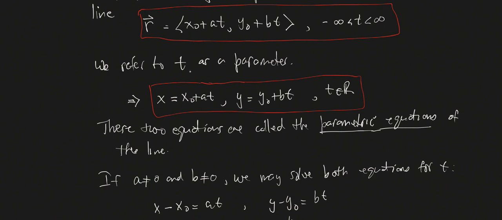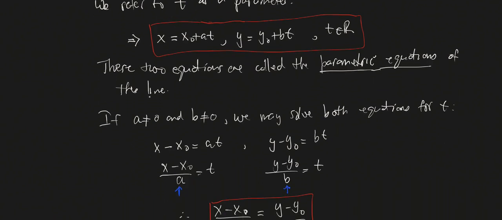But again, we can easily look at both of these and say, yep, my line passes through the point x0, y0, with direction vector AB. So in both of these forms, the coefficients of t form the components of the direction vector, and the constant terms are the coordinates of the point that the line passes through.